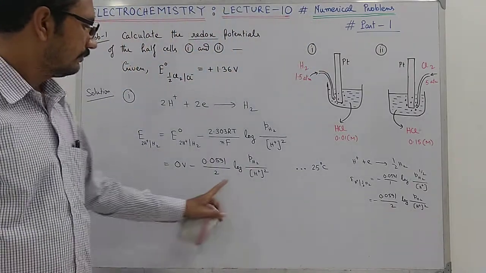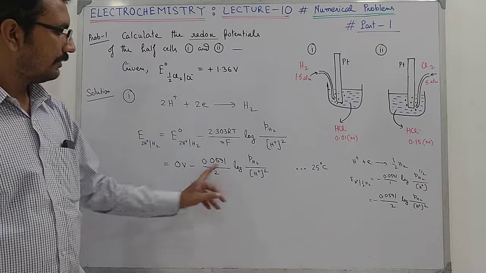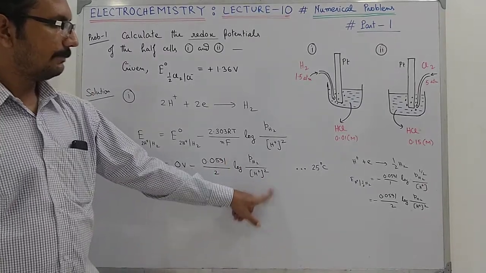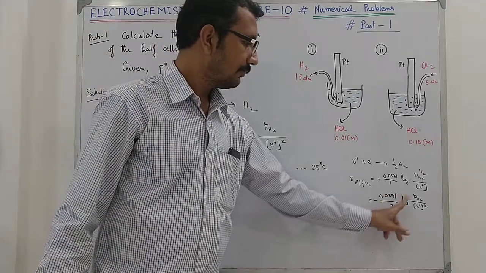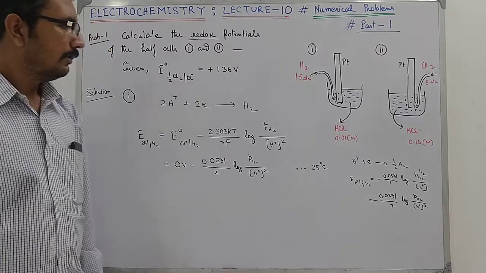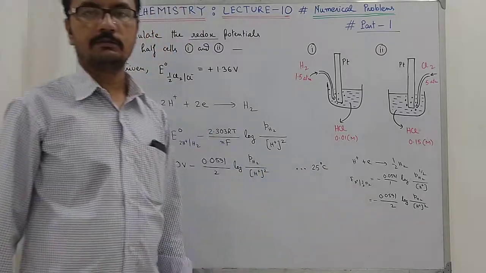See, these two look similar. Here also you have minus 0.0591 by 2 log pH2 by H plus whole square. Here also you have 0.0591 by 2 log pH2 by H plus whole square. So your way of writing must not change the EMF of the half cell or cell.